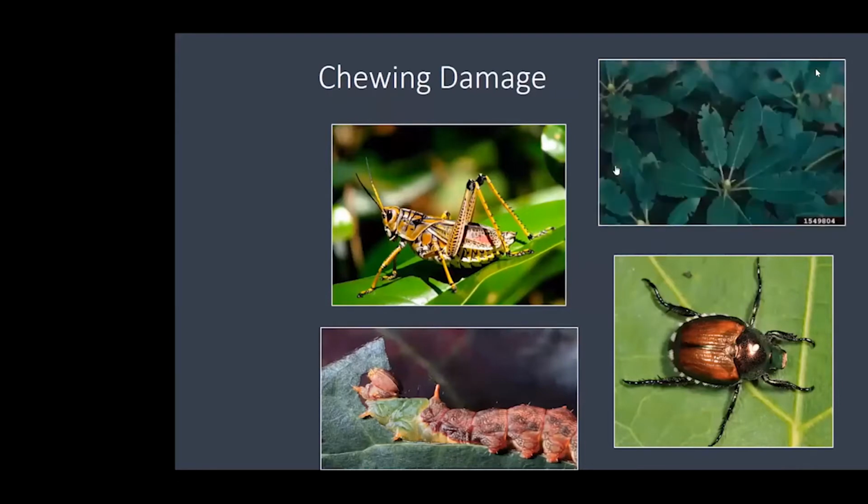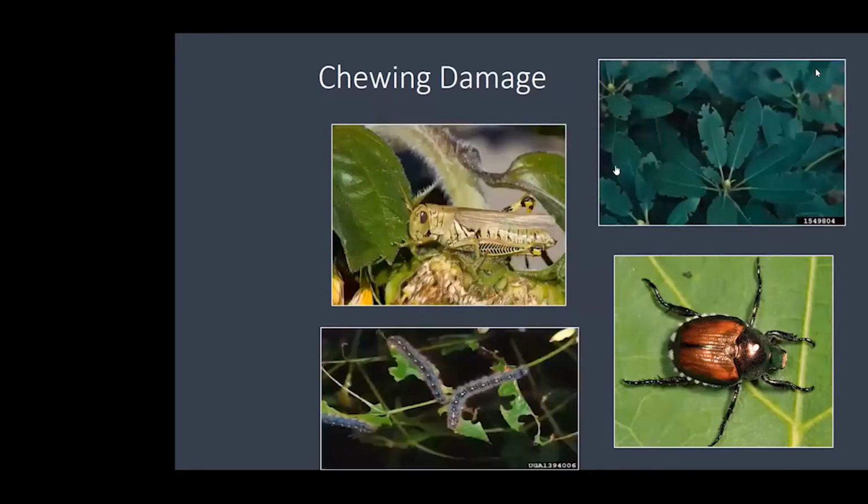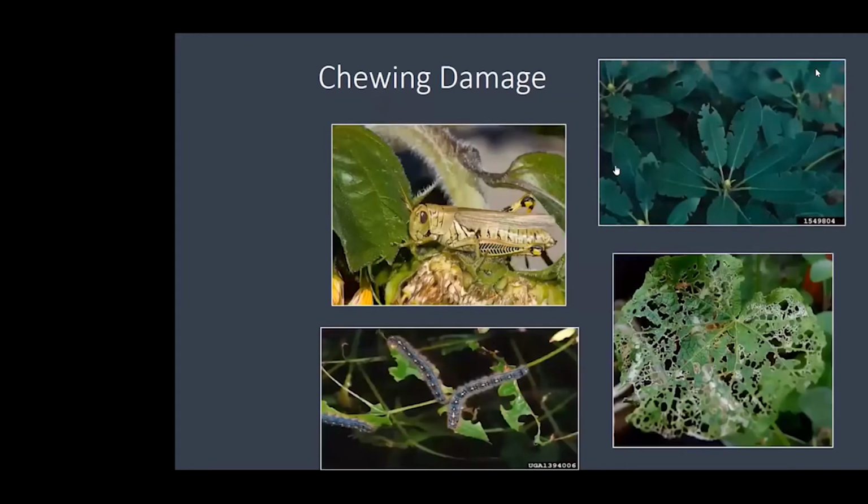So maybe you're out there and looking at your plants and you're seeing holes missing from your plants. And perfect example down the bottom right of a Japanese beetle damage. So if you see that, you know you have a chewing insect, and that can help you narrow down what insect and what we need to control it with.